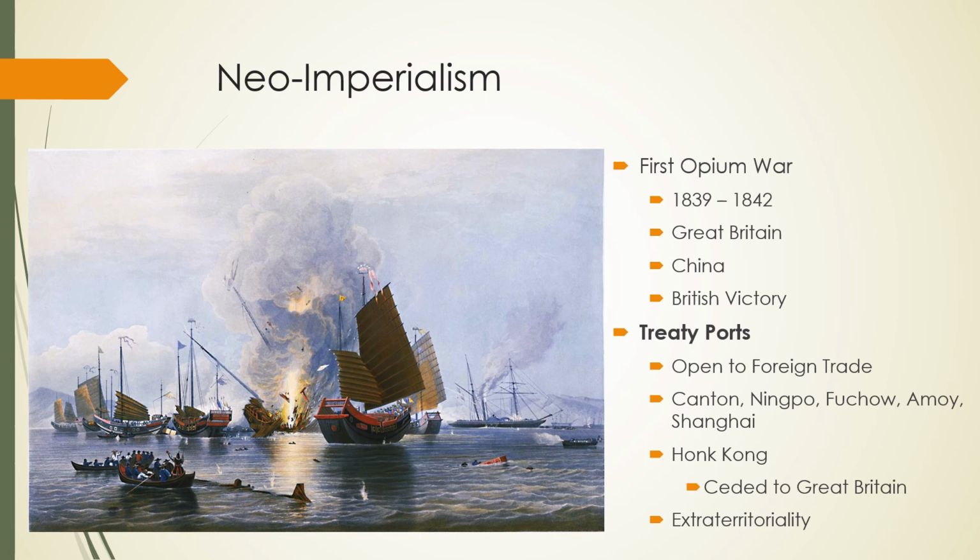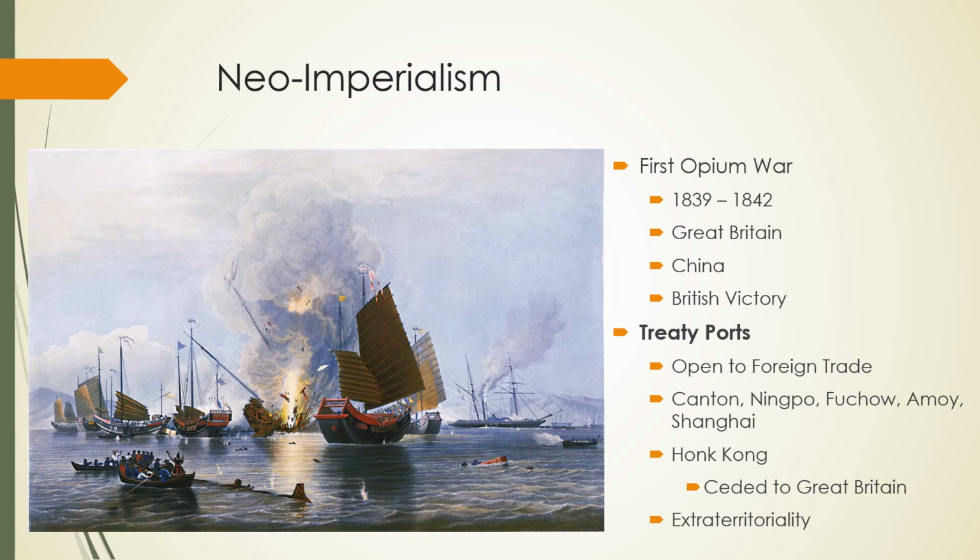Okay, so very briefly, we're going to talk about the First Opium War. This really sort of predates the age of neo-imperialism, but it's worth mentioning. This was a war between China and Great Britain. One thing to understand during this time period, China is not ruled by Chinese people.